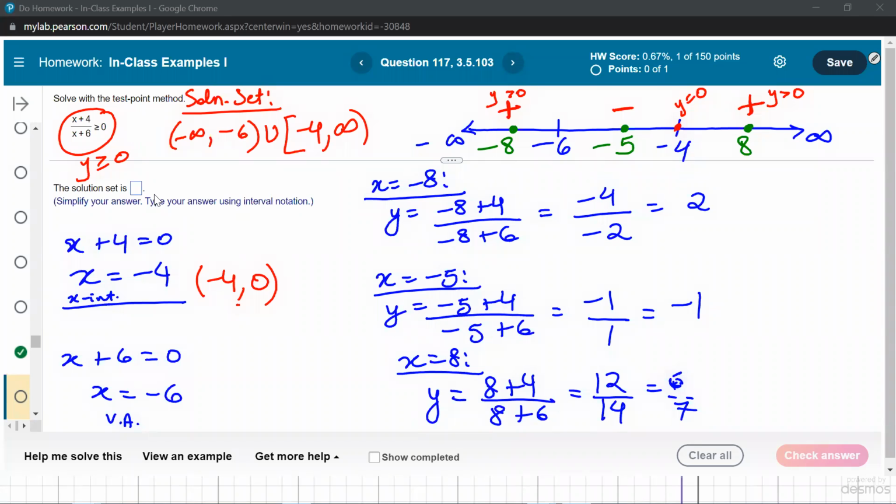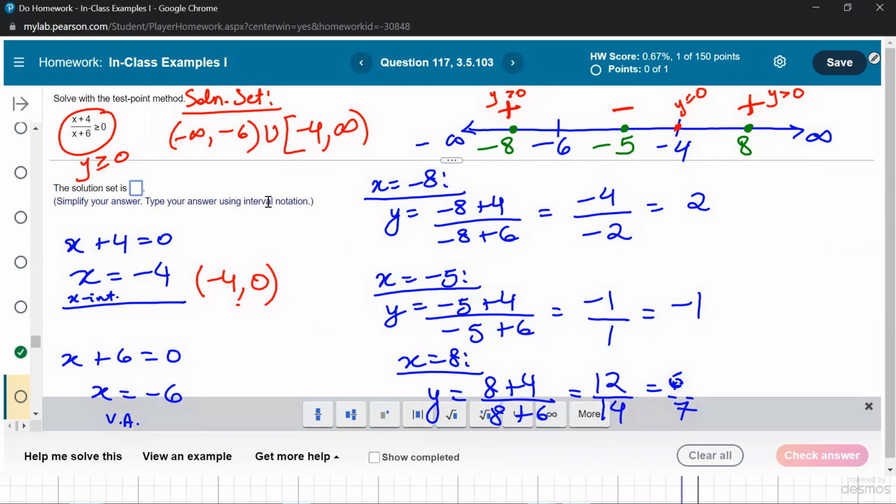Okay, let's type this guy in. Okay, -infinity to -6, parentheses. Where's my union? Okay, there we go, union.